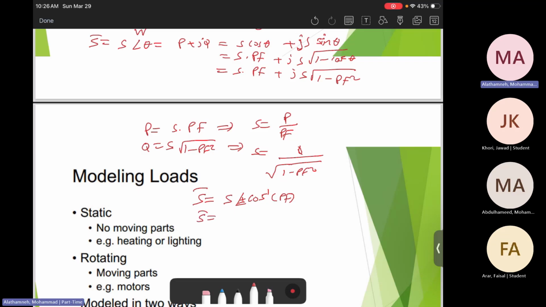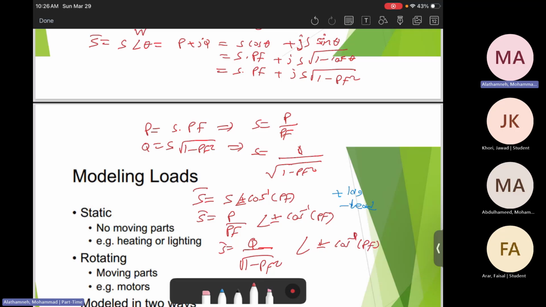If we have the real power, it will be P divided by the power factor, angle plus or minus cosine inverse of power factor, again positive if lagging, negative if leading. If we have the reactive power, it will be Q divided by the square root of 1 minus power factor squared, angle plus or minus cosine inverse of power factor.